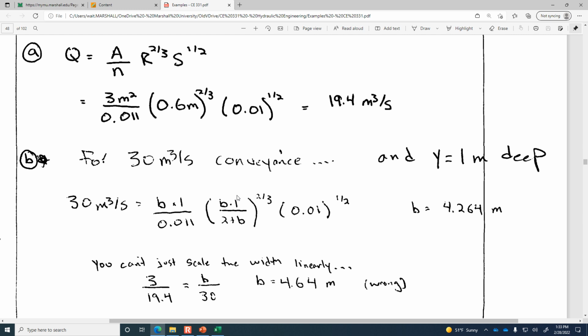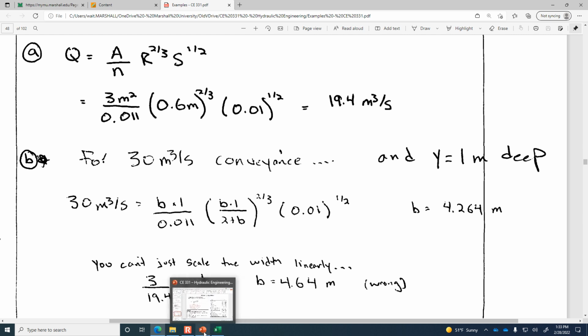If you were just going to try to linearly extrapolate, like the width of 3 gave you a flow rate of 19.4, therefore what width would give you a flow rate of 30? If you assumed linearization could apply, then that would suggest that the width should be 4.64 meters, but that's not right.